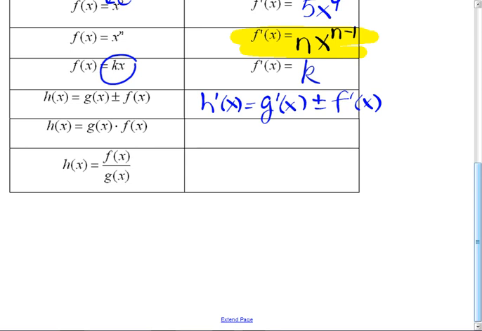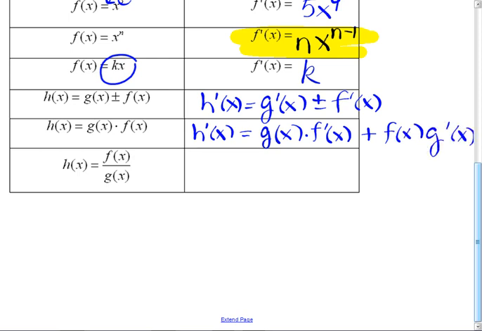What it is, it's the first function times the derivative of the second plus the second function times the derivative of the first. And you have to memorize it. Proving it's tricky. Proving the n x to the n minus 1 is not that hard.